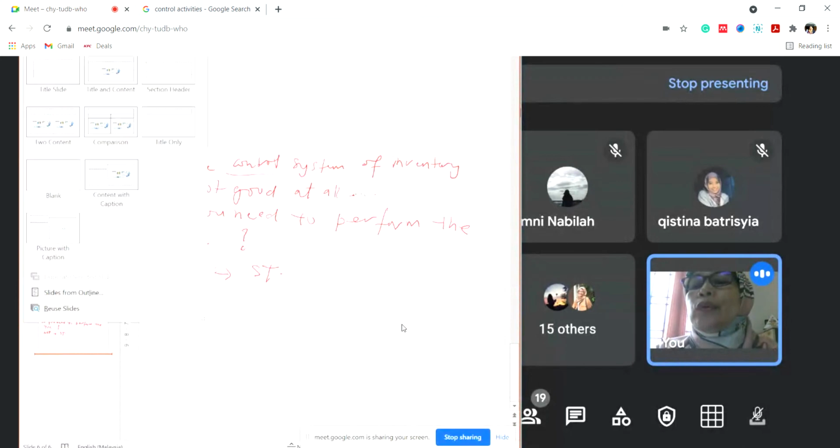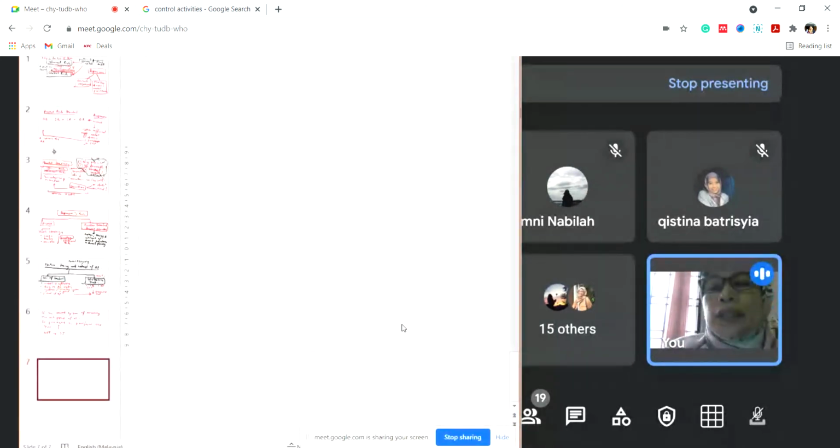We have 2 timings of audit. Audit timing. 2 only. So this is the preparation of the financial statement. This is the audit of the financial statement.